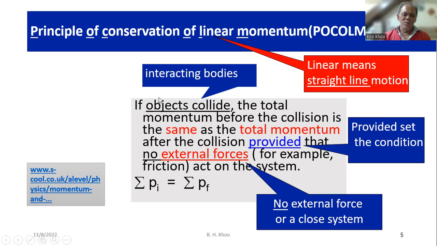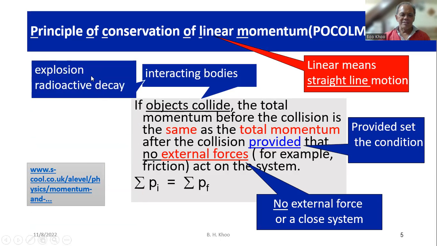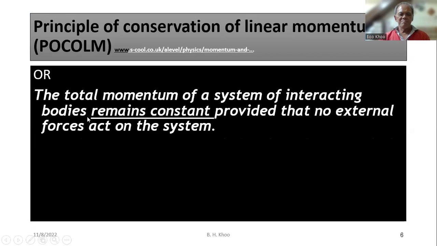Usually, instead of applying it only to collision, we call them interacting bodies. Interacting bodies can be an explosion, radioactive decay, or a collision. So the total momentum of a system of interacting bodies remains constant, provided there is no external force acting on the system.